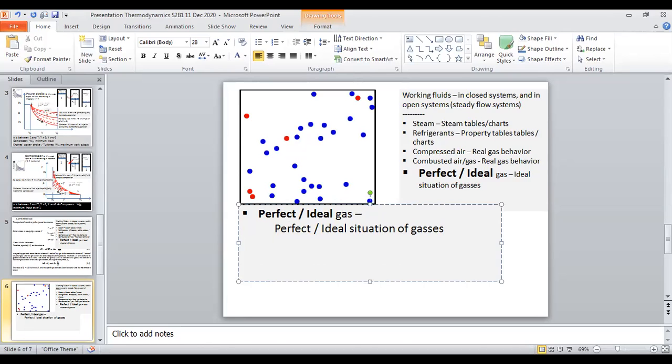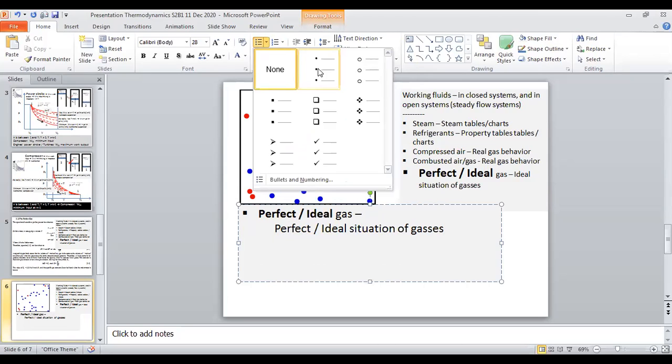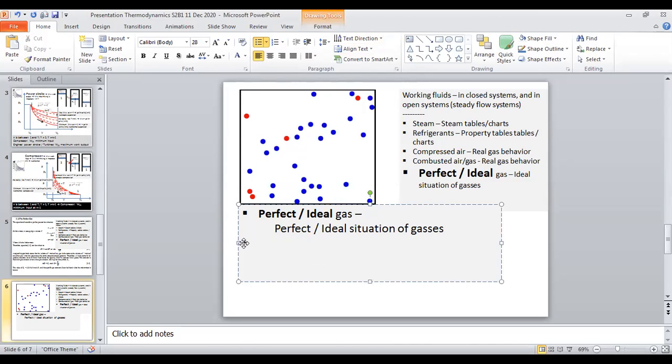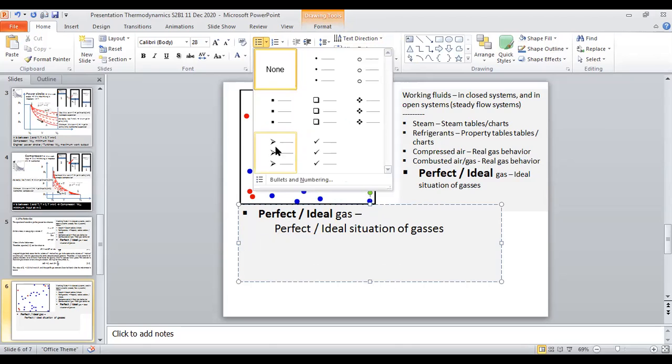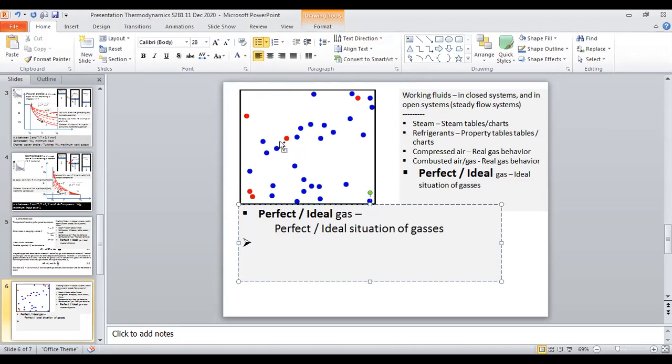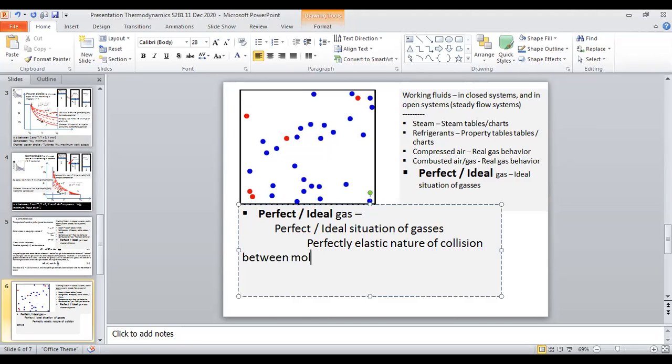One aspect of this ideal situation is what we call the perfectly elastic nature of collisions between molecules. Perfectly elastic nature.